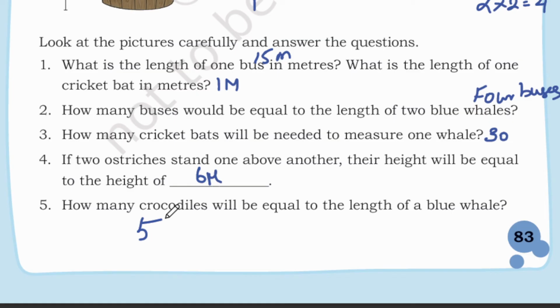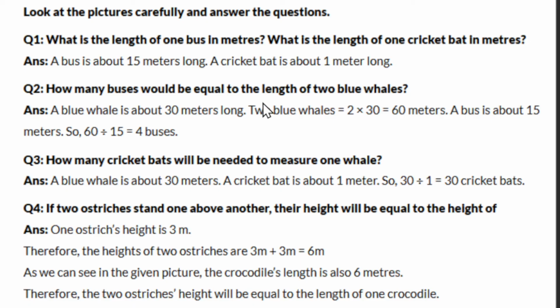I'll show you the answer in sentences, students, so that you can copy it. I have made a statement for you. You can copy it in your notebook. What is the length of one bus in meters, and what is the length of one cricket bat in meters?